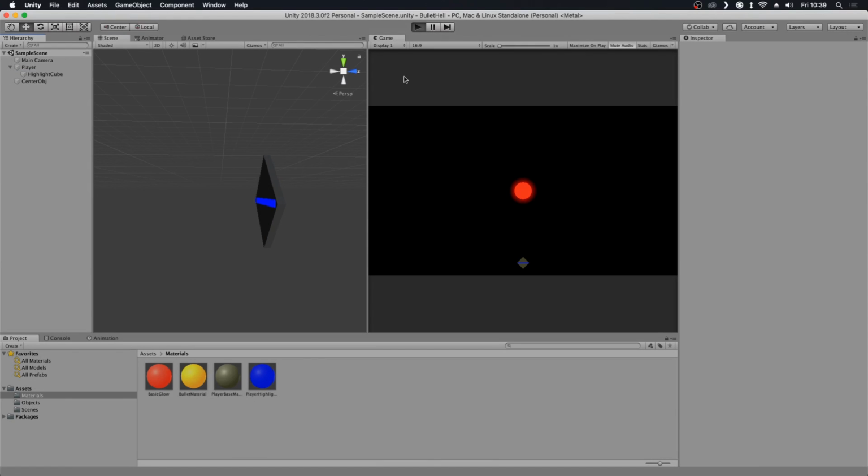Okay. I might have to extend the collision on this. Okay. I think this will look better when I make that a triangle as well.